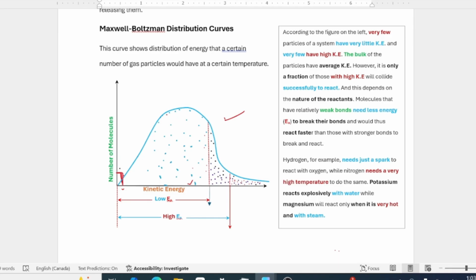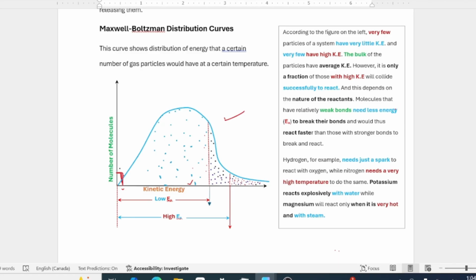The bulk of the molecules will have an average amount of kinetic energy. What it is also saying is that there is a small number of molecules that will have enough kinetic energy in any reactant system to react successfully. And of course, the ability of molecules in a system to react will depend on the particular reaction, since each reaction will have its own energy of activation.